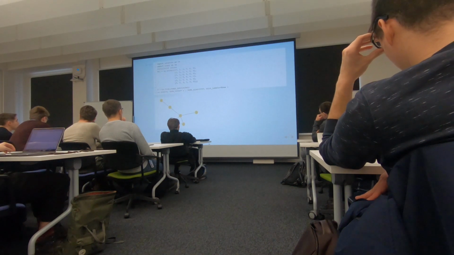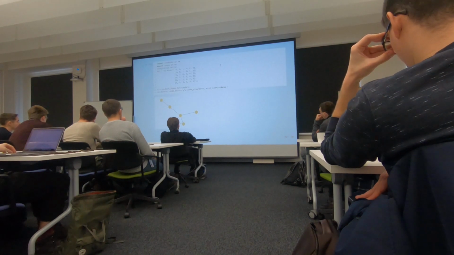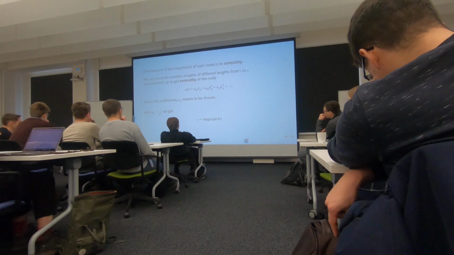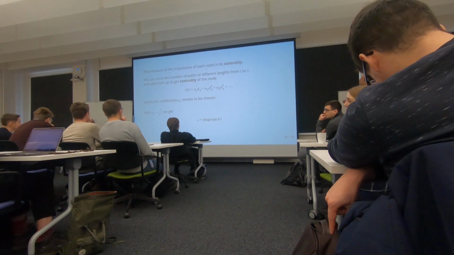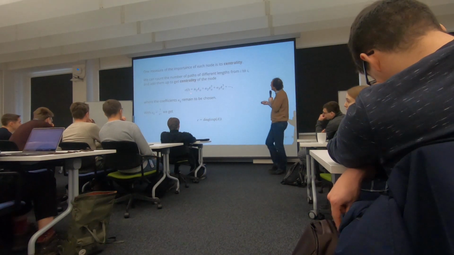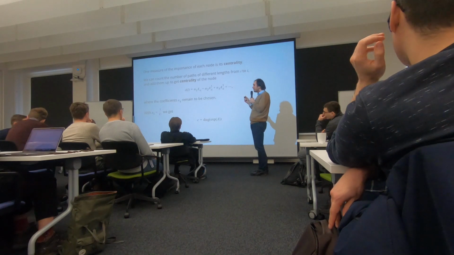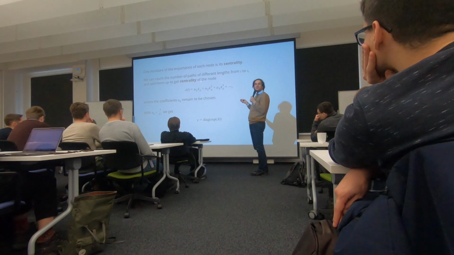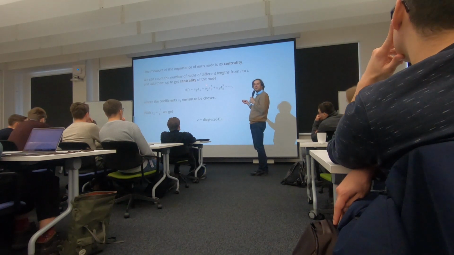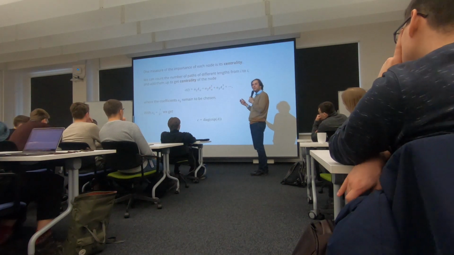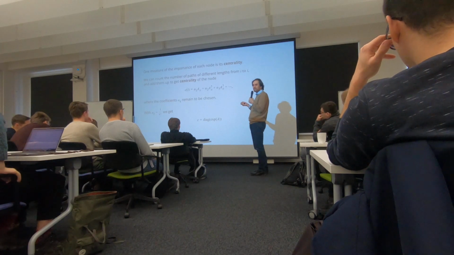So you have the following network, and the graph centrality is defined as follows. The centrality of the node is defined as the diagonal element of the adjacency matrix function. By the way, what is the meaning of the diagonal element of the square of the matrix?